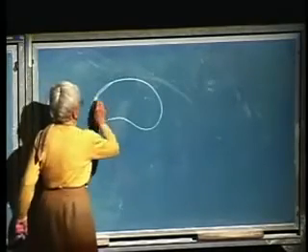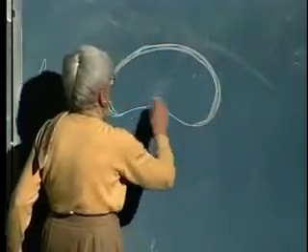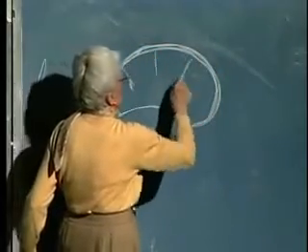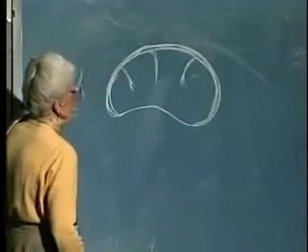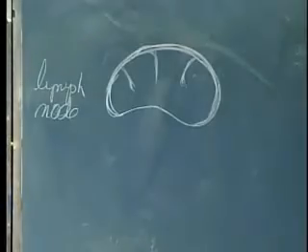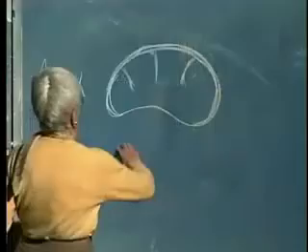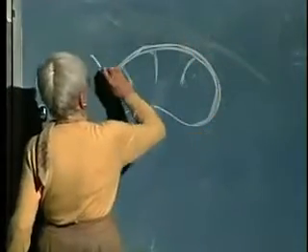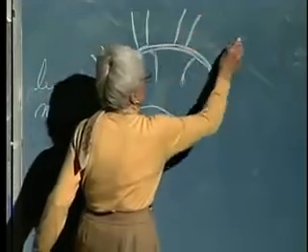We're again going to have a connective tissue capsule. We're going to have some trabeculae. But what is different here is the arrangement of the vessels coming in and going out. In the large curvature here, we're going to have afferent lymph vessels.